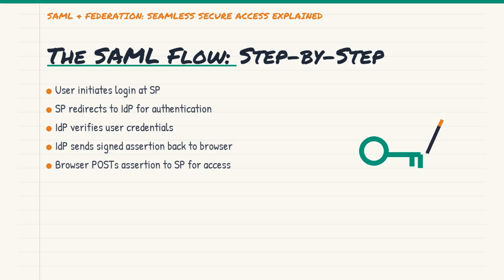Your browser then automatically submits this assertion to the SP. The SP validates the assertion's signature, checks its conditions, like audience and expiry, and if everything checks out, grants you access. Pretty neat, right? It all happens behind the scenes in a few milliseconds.